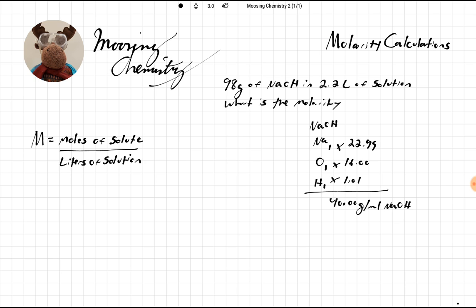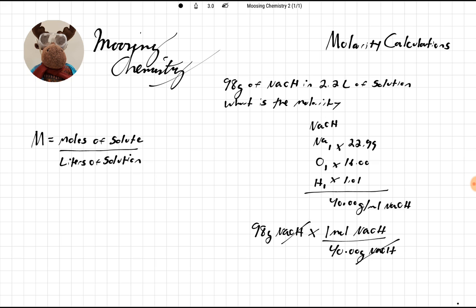All right, so now we have that. Oh, you know what we've got to do? We've got to turn that into moles. So we're going to go, okay, 98 grams of NaOH times 1 mole of NaOH divided by 40.00 grams of NaOH.